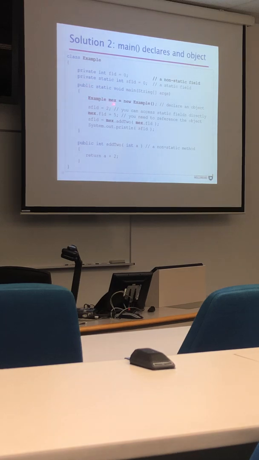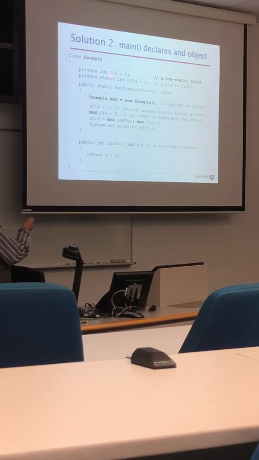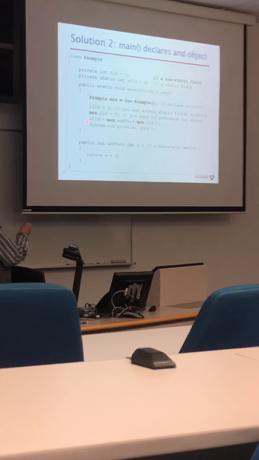So I can say Example max equal to new Example. After that, for the static variable sField, I can just simply call it by name. sField is equal to true. If I want to access the field, which is non-static, I need to go through an object: max.field, which is equal to 5.